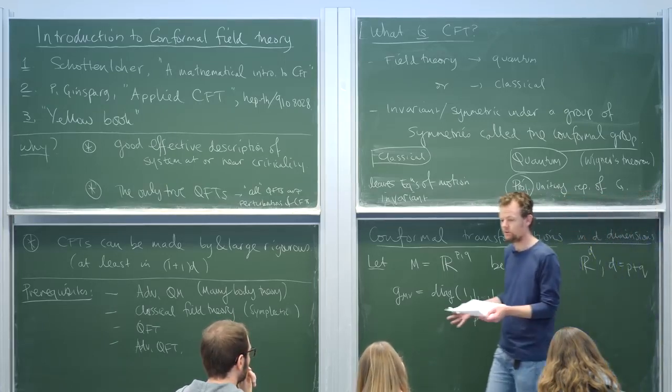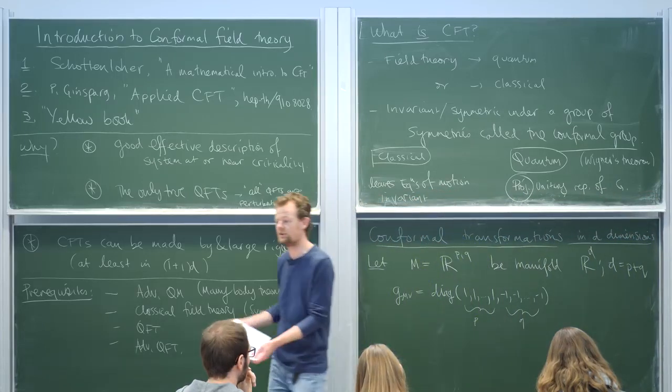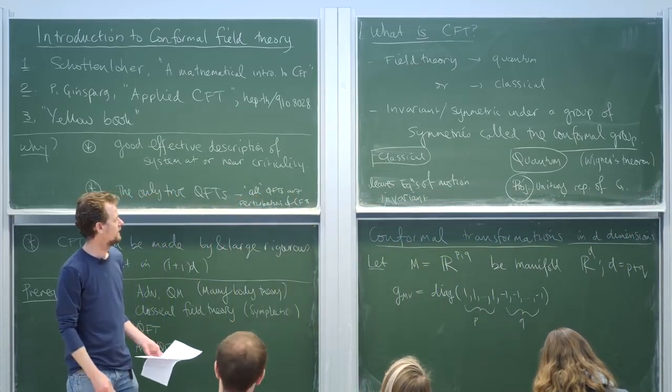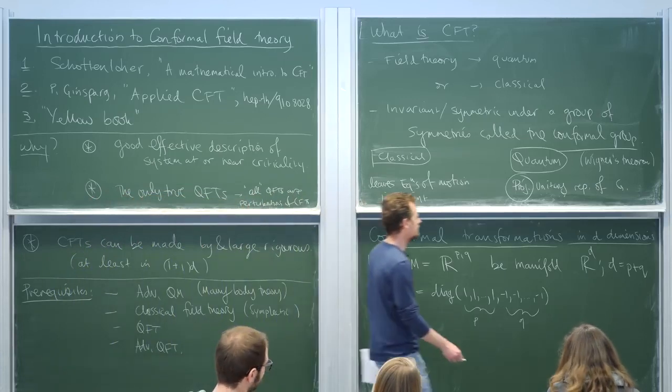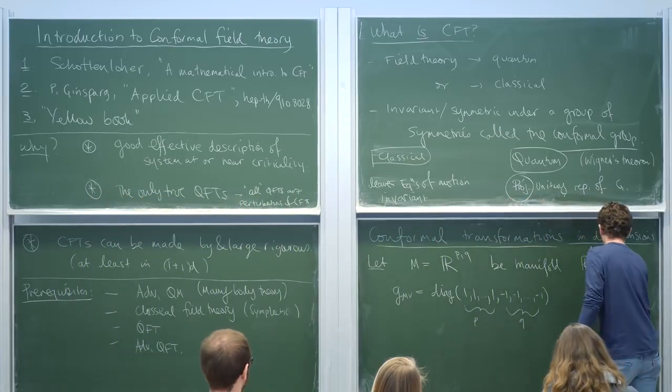All right, what is a conformal transformation? Well, it's a change of coordinates at its heart. I should say that P and Q are integers greater than 0.